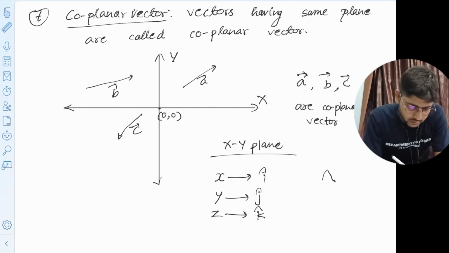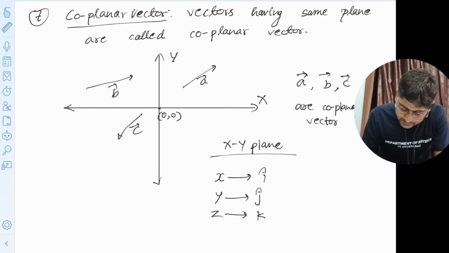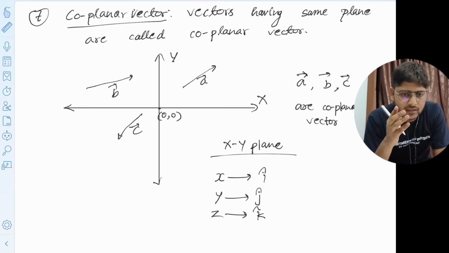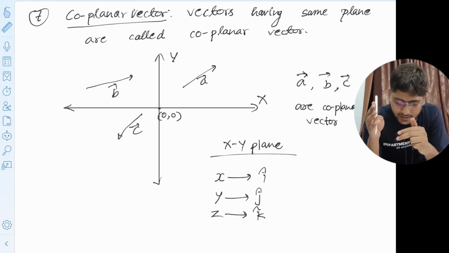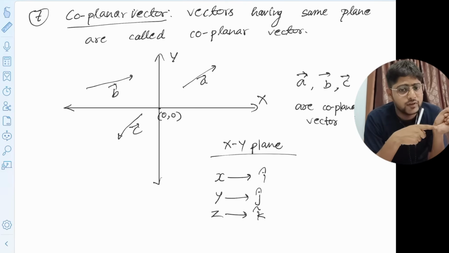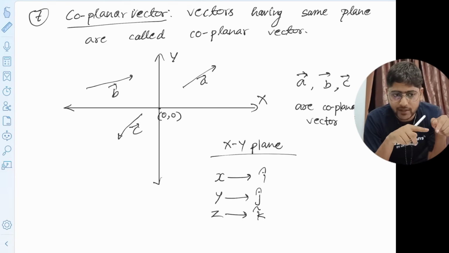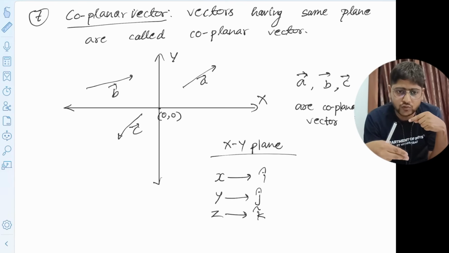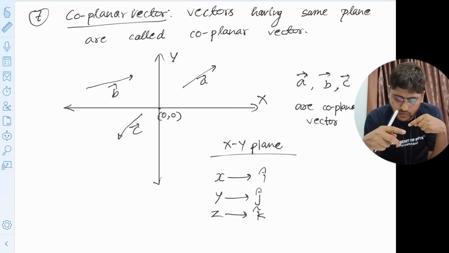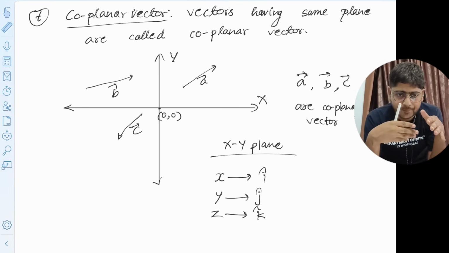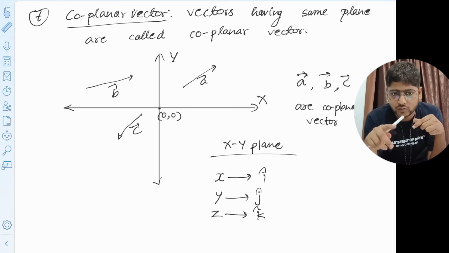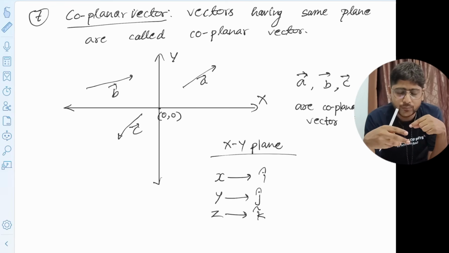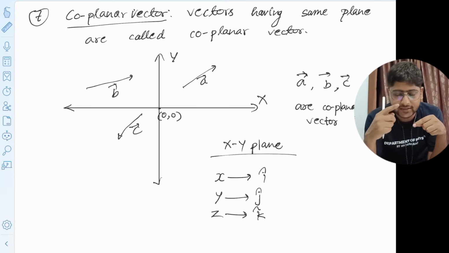This is the convention we have to follow. If we move in the x-axis, we give i cap direction. If we move in the negative x-axis, we give minus i cap direction. If we move in the y-axis direction, we give j cap direction. If we move in the negative y-axis direction, we give minus j cap direction. If we go in the positive z-axis direction, we give k cap direction. If we go in the negative z-axis direction, we give minus k cap direction.